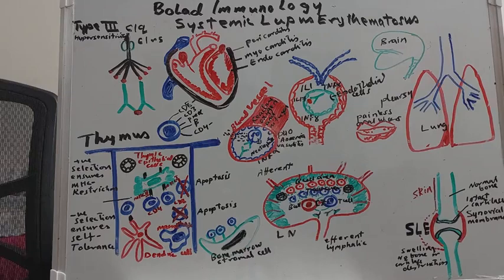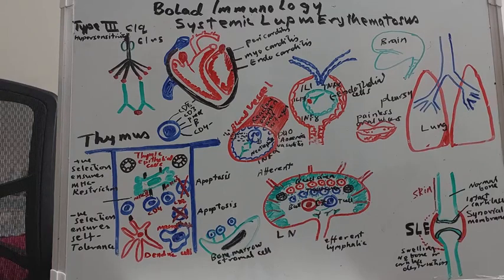Actually, as you may know, B lymphocytes and T lymphocytes originate from bone marrow, and B lymphocytes mature in the bone marrow, and during antigen independent maturation, that means B cells do not encounter any antigen in the bone marrow.